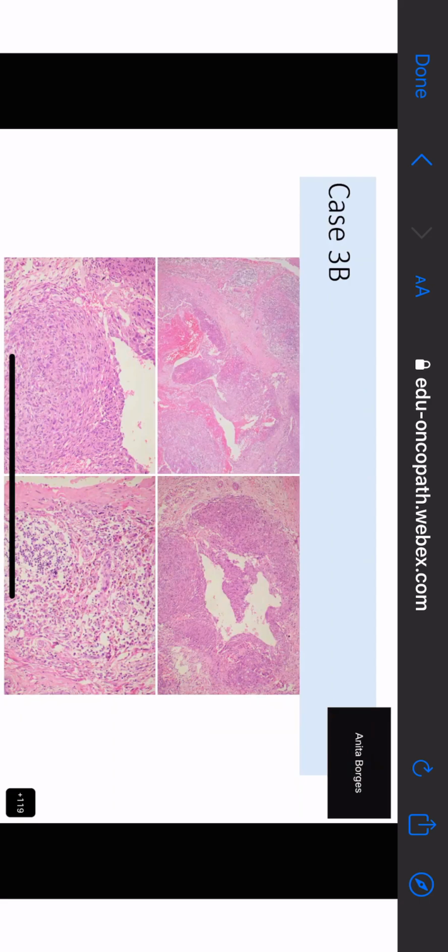It is largely spindle, focally stellate, has very distinctive spaces within the lesion in which there is hemorrhage, and these spaces are not lined by endothelial cells. At the periphery, you are seeing lymphoid tissue. Now, come on. I've said the whole thing. So what is it, Vimi?